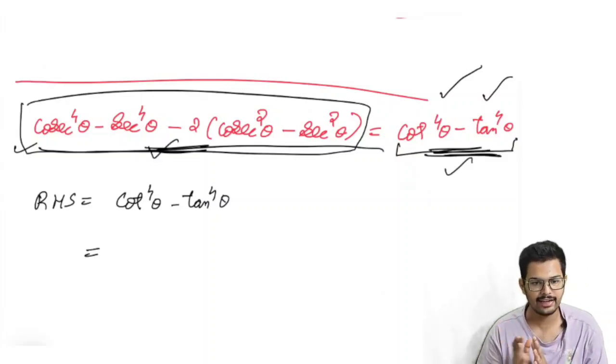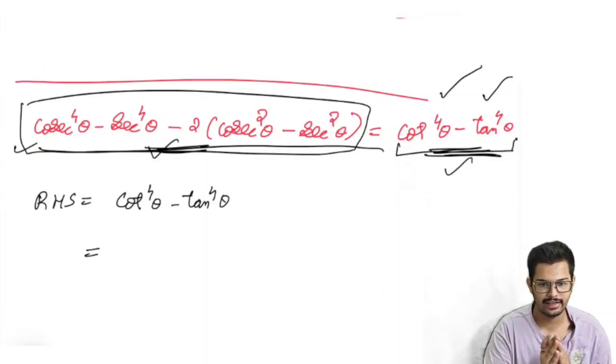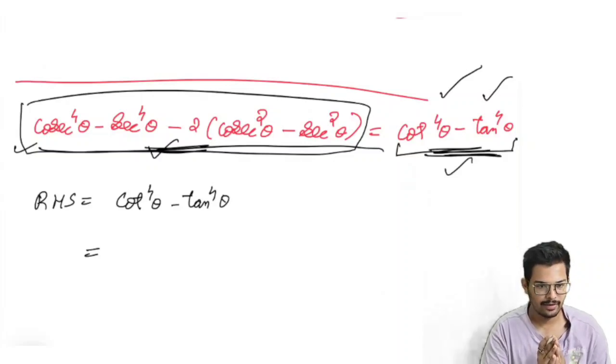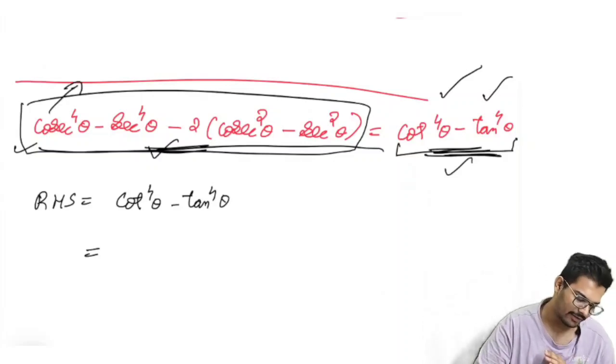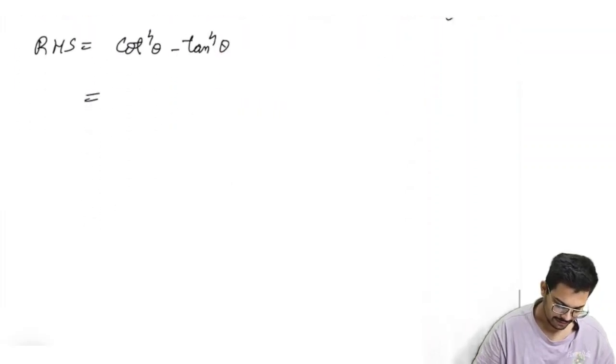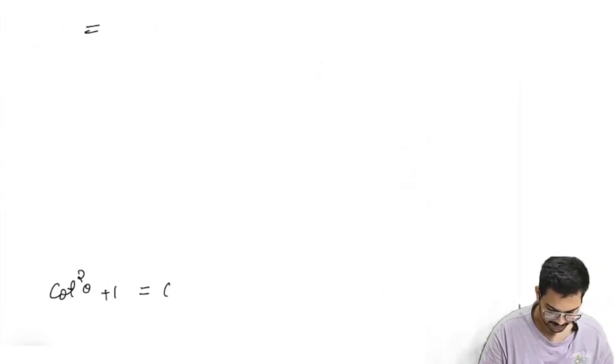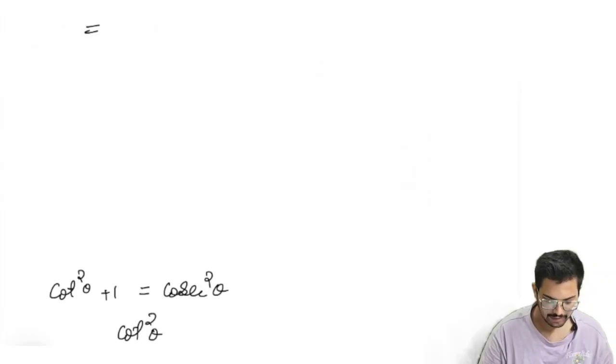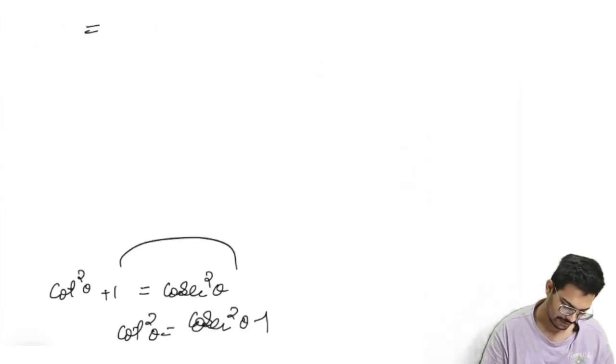So the basic idea is to convert cot into cosec and tan into sec, or you can convert here also by taking the LHS side. So how can you convert cot square theta? 1 plus cot square theta equal to cosec square theta, that is cot square theta equal to cosec square theta minus 1.